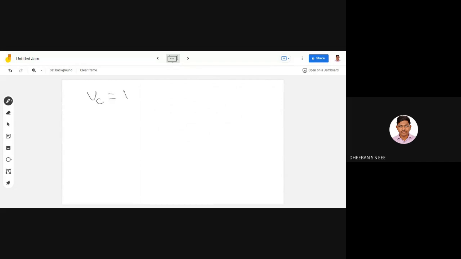So for the VC, it will be VA naught plus A VA1 plus A square VA2. So VA naught is around minus 0.143, and this will be plus VA1. First you write it. So your VA1 is 0.643 into 0.5 minus 0.5 plus j 0.866.